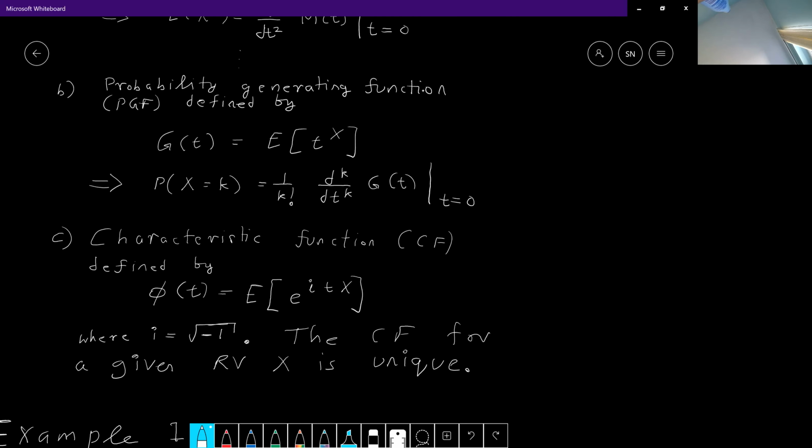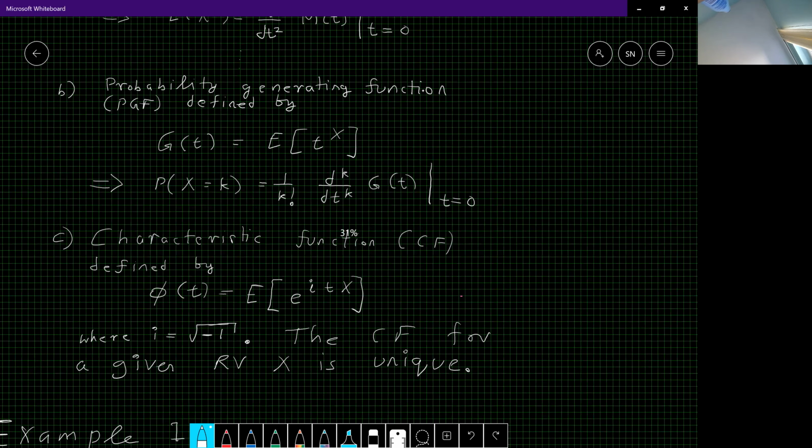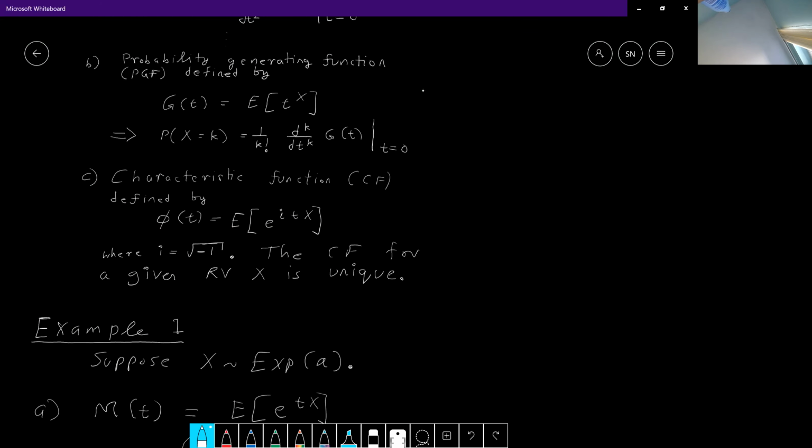Also, the characteristic function exists for every distribution, meaning that the MGF may not exist or the PGF may not exist, but the characteristic function does exist for every given variable X. So that is a powerful tool. I will talk about some of the applications of these 3 different functionals later on today.